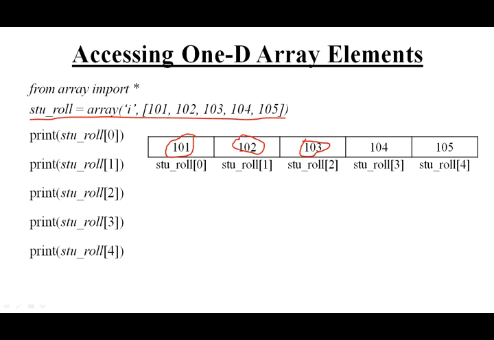Let's see. If I write the variable name and in the square bracket I write the index value, the first value always starts with 0. This is the default value. So if I write 0, then automatically it will print 101.